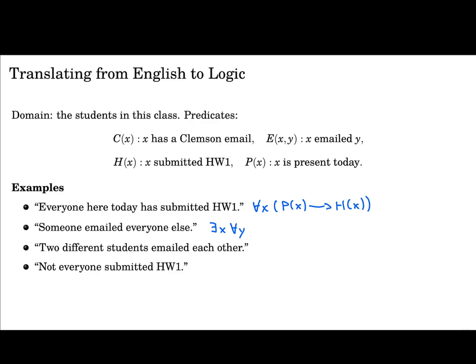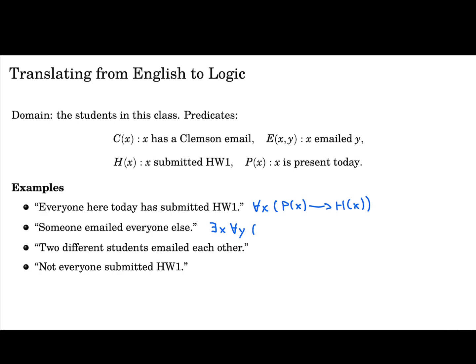Now, here we need to be very careful because we're saying that someone is emailing everyone else. So one could think that you could say something like this: there exists an X such that for every Y, X emailed Y. But this would also have the case where Y is equal to X, and so X emailed himself, right? Because X is also a student. So if we want to say that he emailed everyone else, we need to check whether Y is someone else.